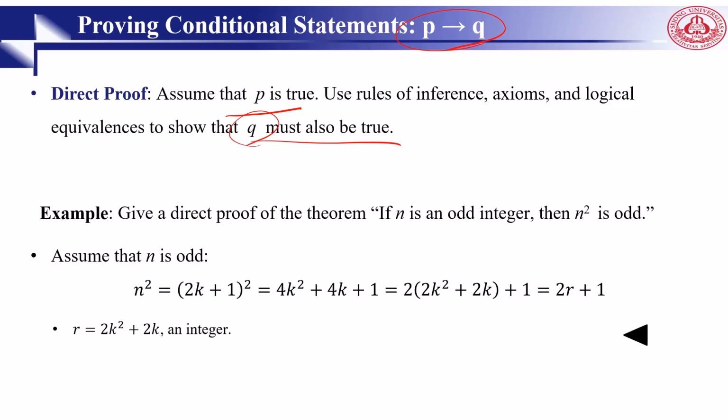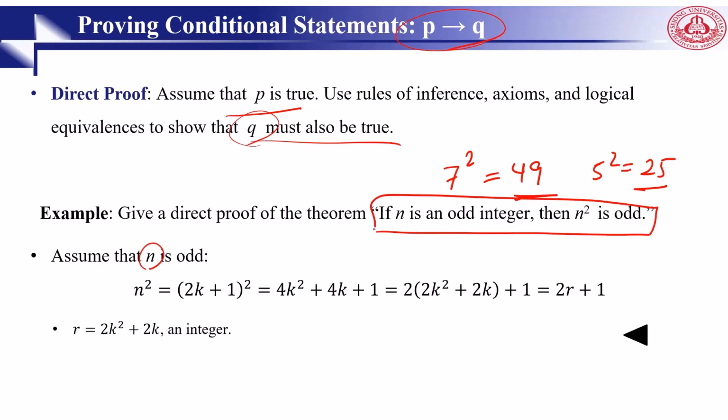For example, give a direct proof of the theorem: if n is an odd integer, then n squared is odd, right? For example, 7 squared is 49. 5 squared is 25. So you can see that they are odd. So we assume that n is odd, and we want to prove n squared is odd.